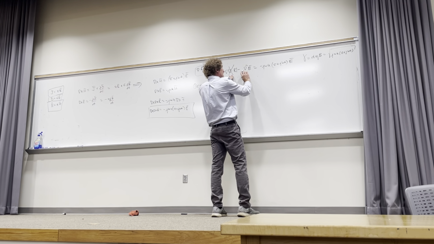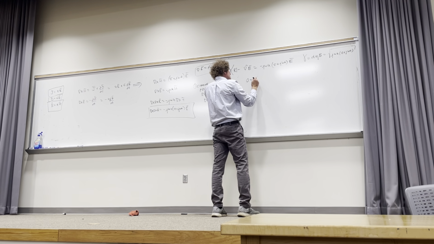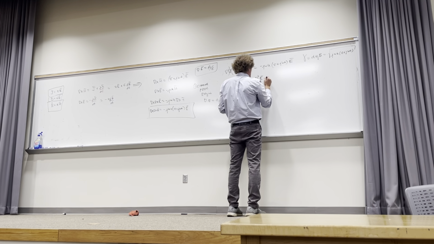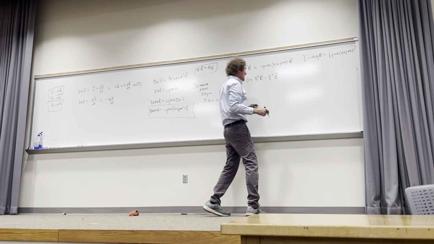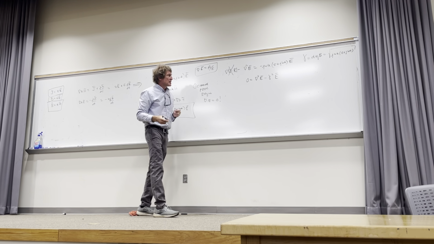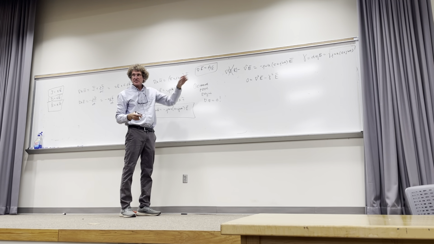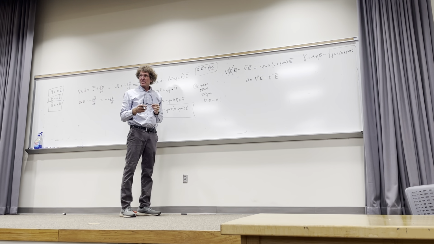If I take this to that side, I get 0 is equal to del squared of E minus gamma squared of E. I took the del squared operator to the other side, set equal to 0. You all with me? Things are getting a little more compact, a little more doable.